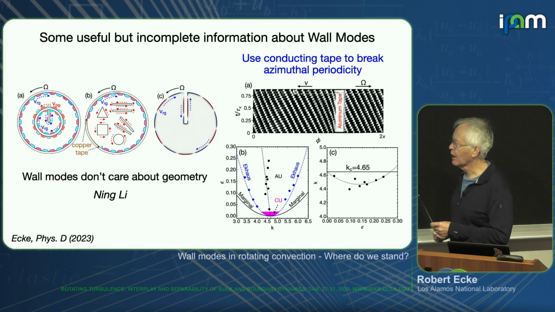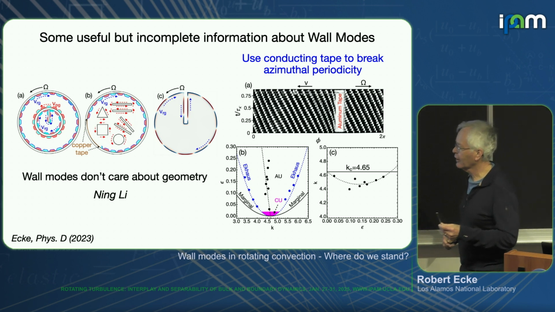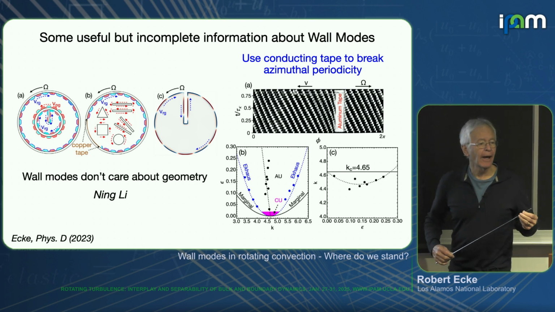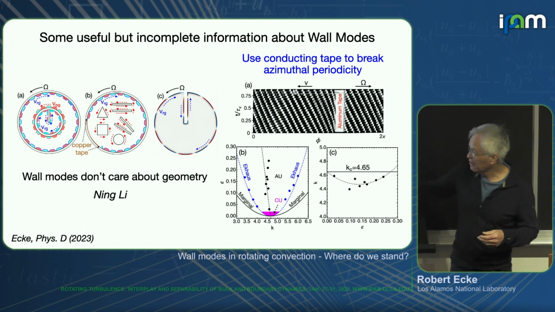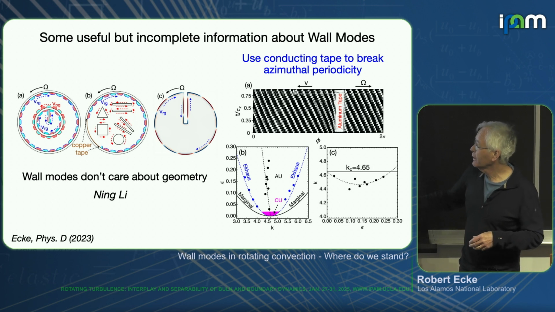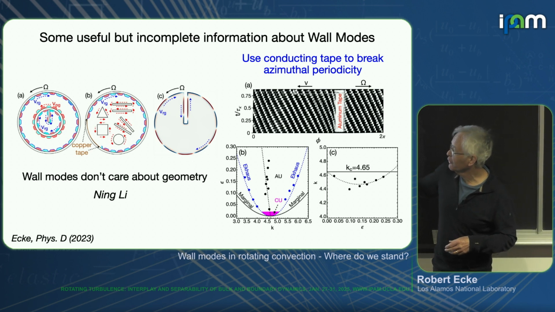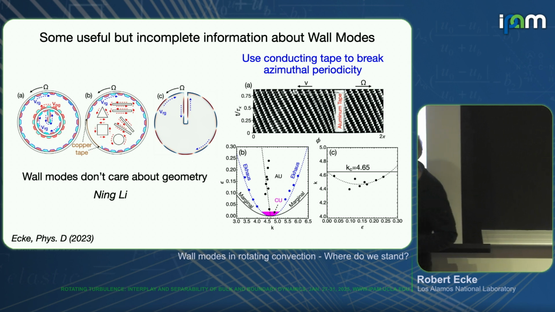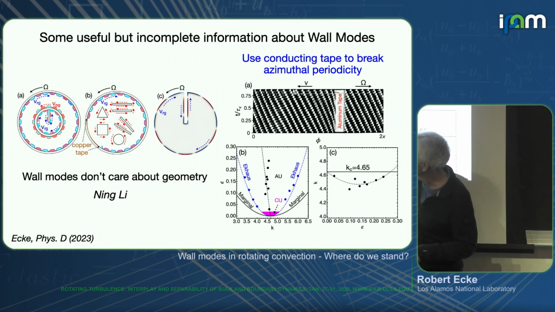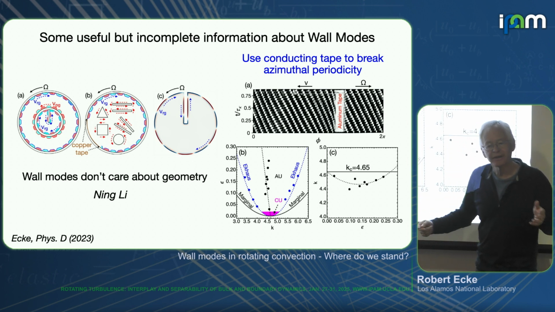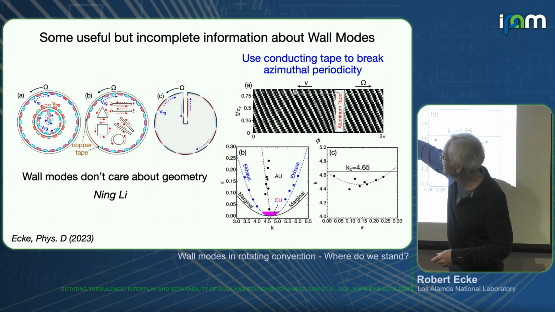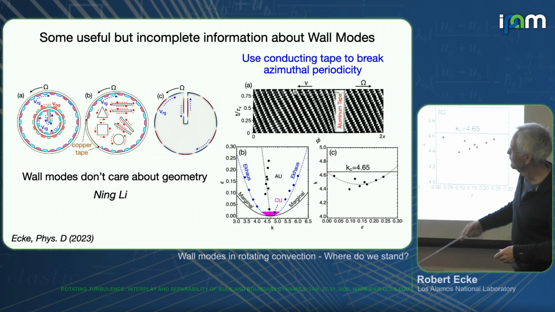During the time we were working on this, my postdoc Ning Li made an interesting discovery. This is circa 1994, actually maybe a little bit earlier. We were trying to break this azimuthal symmetry, so we put in a barrier here, and as Edgar said, I gave a talk at Berkeley in which I showed a nice movie, which sadly has disappeared in the buried disk drives of my past.